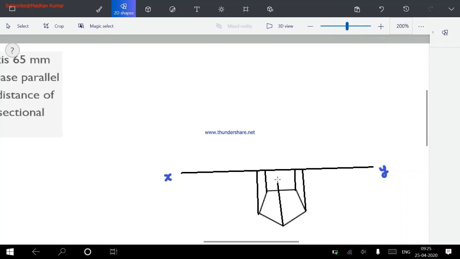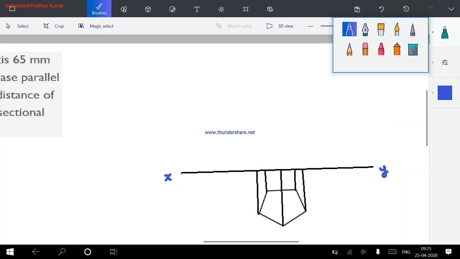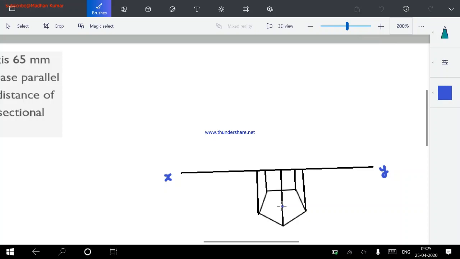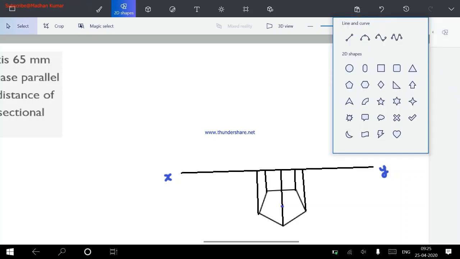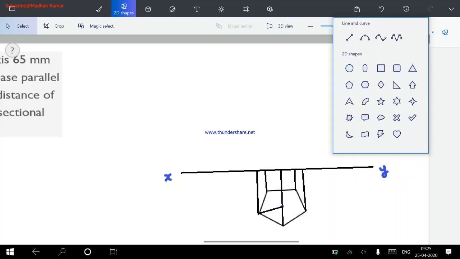After drawing all the projection lines, what you have to do is introduce the center for the pentagon. So I am just introducing the center for the pentagon, and afterwards we have to draw the remaining parts.